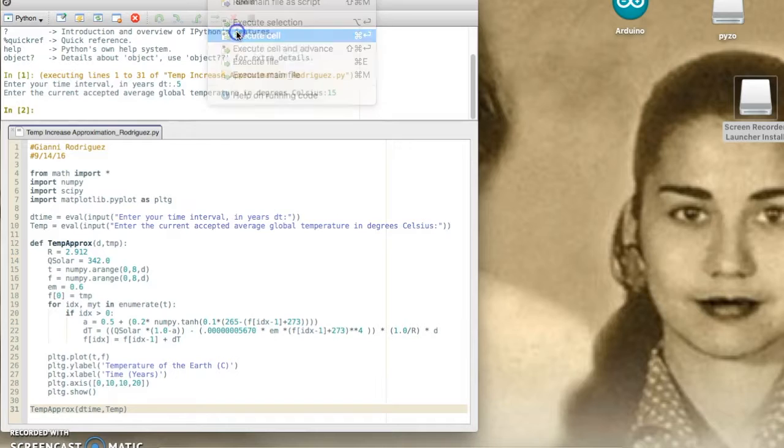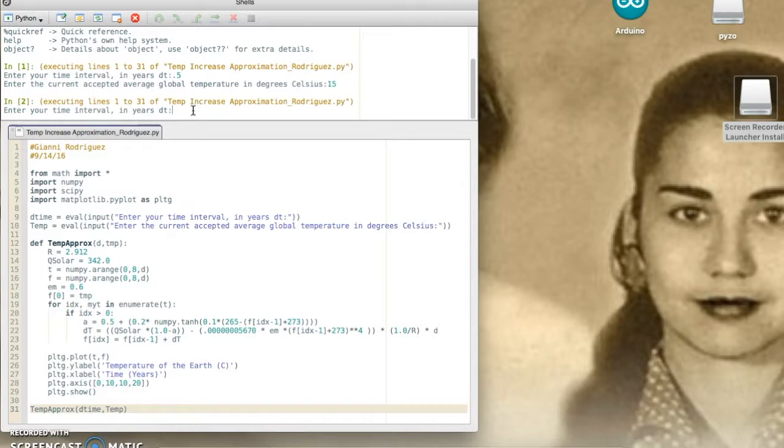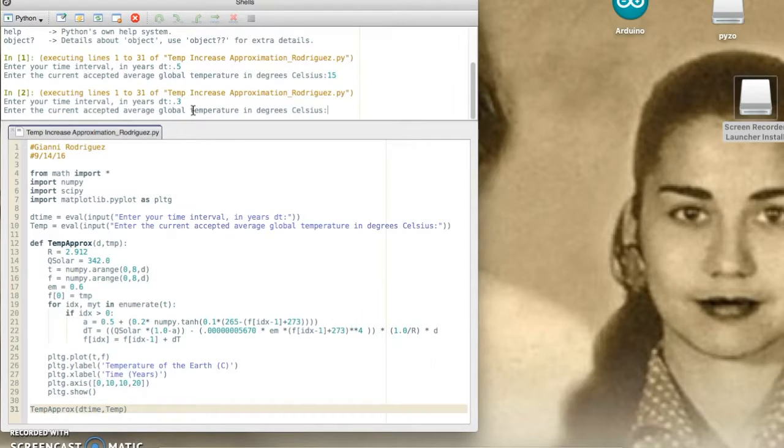I'll execute my cell, and I will input our change in time interval, which will give us our precision. Here, I'll input 0.3, which is not very precise. And I can input now a current accepted average global temperature. I said before that the equation takes temperature in Kelvin.